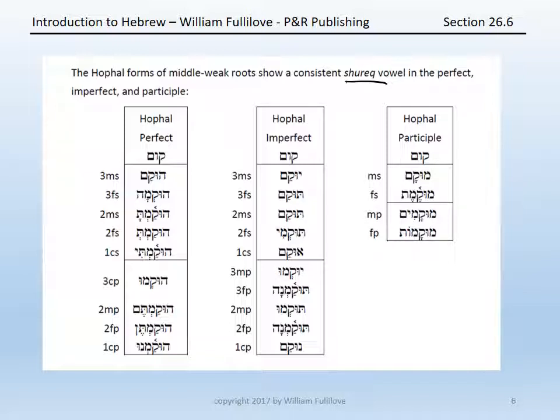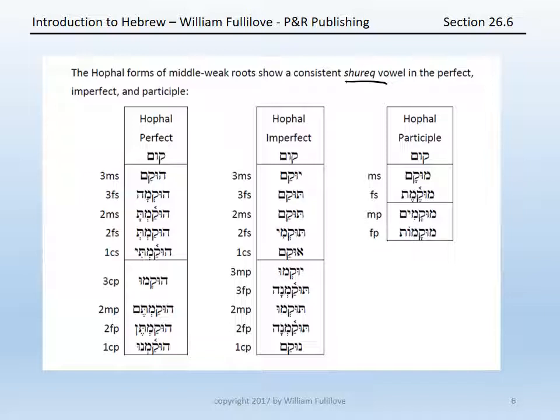The paradigms for qum are hukam, hukama, hukamta, hukamt, hukamti, hukamu, hukamtem, hukamten, hukamnu.